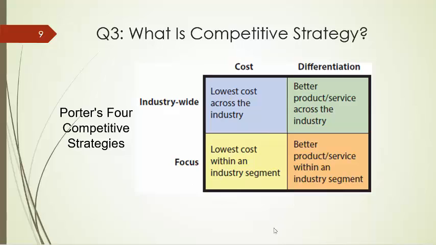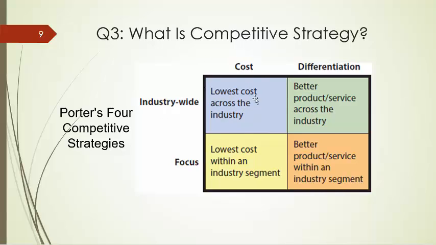The idea here is that you want to choose one of these and not try and choose two or more than two of these, because you will be competing against yourself, and you won't be as effective with your strategy overall.